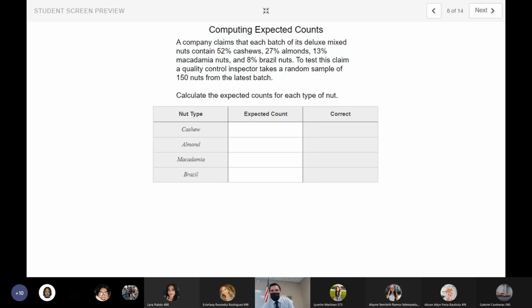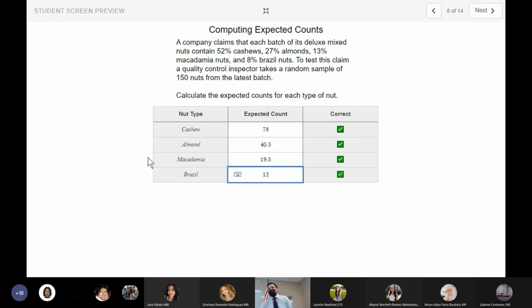So for this one, we should have had 78 cashews, 40.5 almonds, 19.5 macadamias, and 12 Brazil nuts.